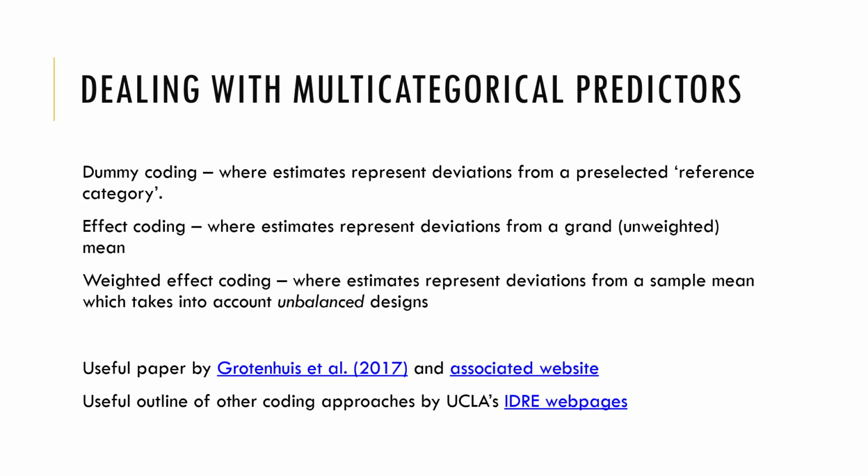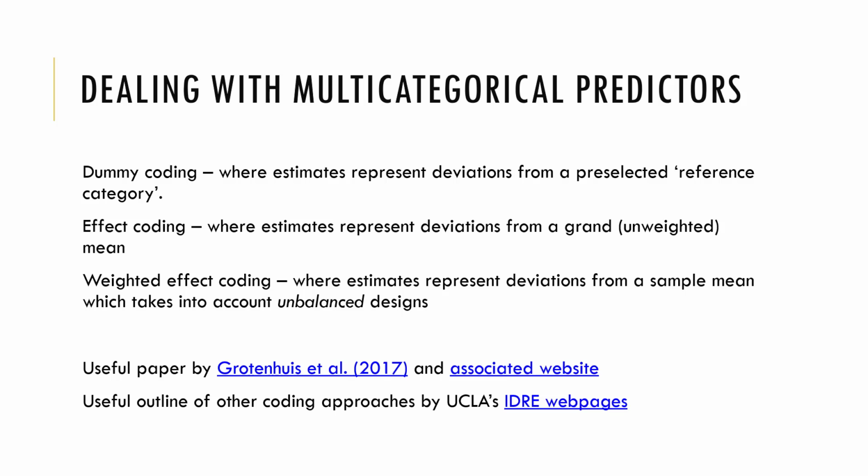So if you know to start with that you're going to want to include a multi-categorical predictor in your regression, then you've got to account for the number of additional predictors you're technically going to have to add into the model. That will affect your sample size calculations. So it is something you have to think about carefully before you go out and collect your data, but certainly before you finish it.